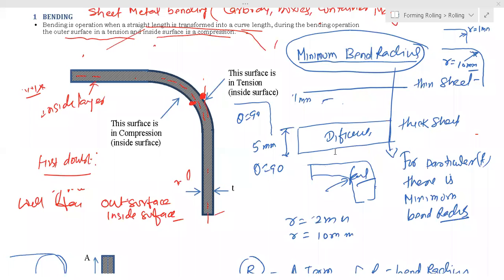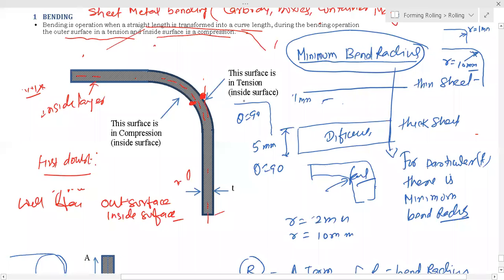So we were discussing that bending, and one thing I discussed was minimum bend radius, right? So just recap.